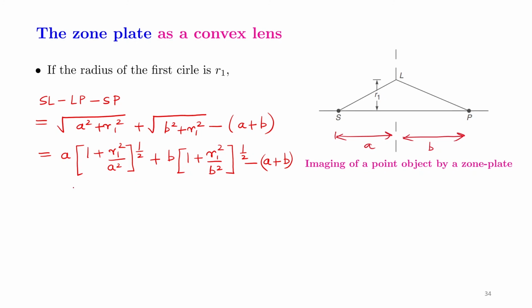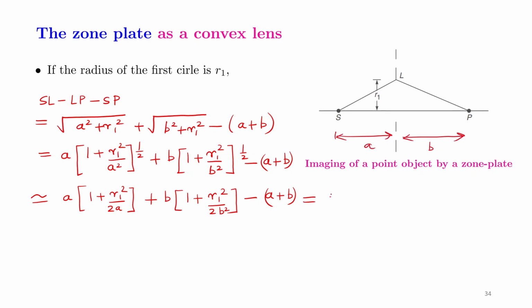And this is approximately equal to a times 1 plus r1 square divided by 2a square, where we have performed a binomial expansion. And then b times 1 plus r1 square divided by 2b square, again by binomial expansion, minus a plus b.